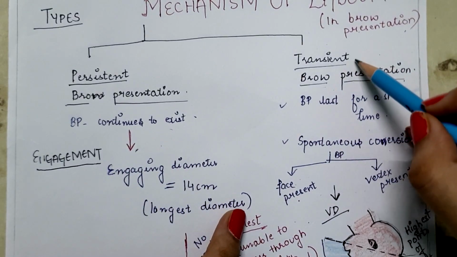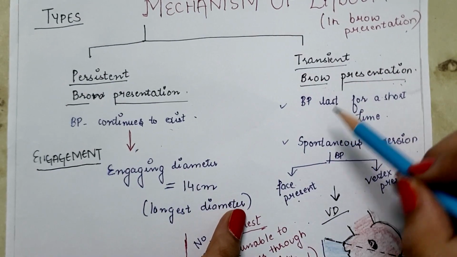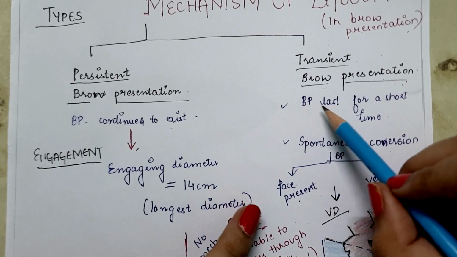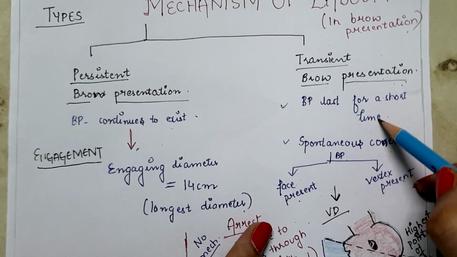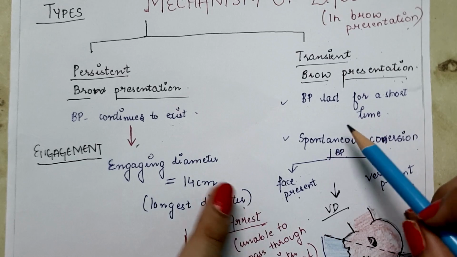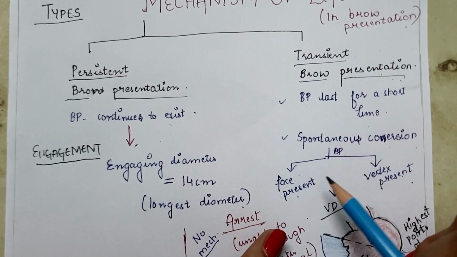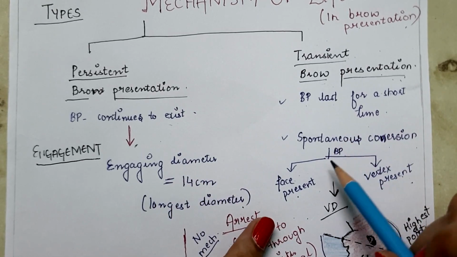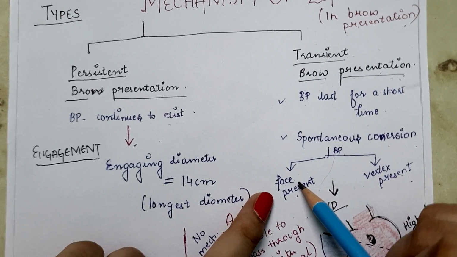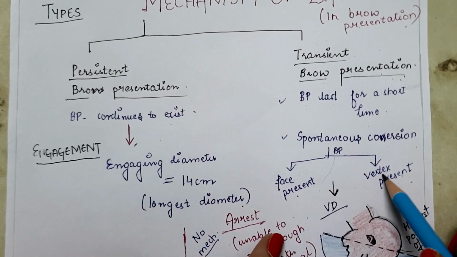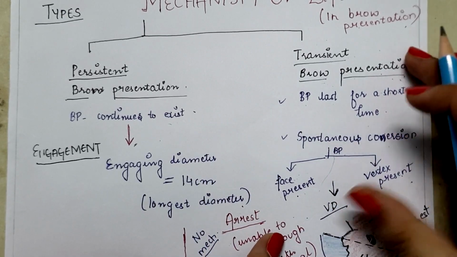Next is transient brow presentation, when the brow presentation lasts for a short time. As we already discussed, in 10% of cases, it spontaneously converts either into a face presentation or into a vertex presentation.